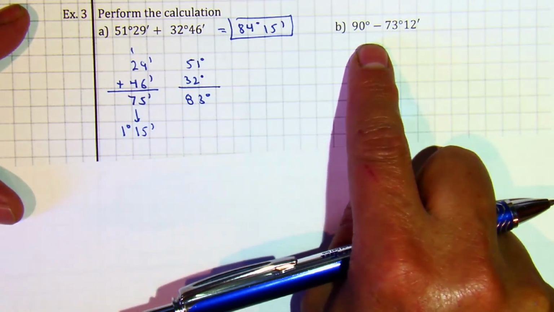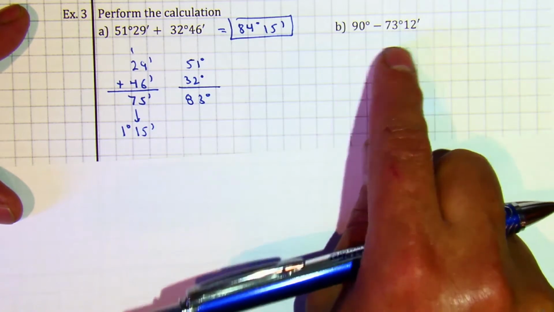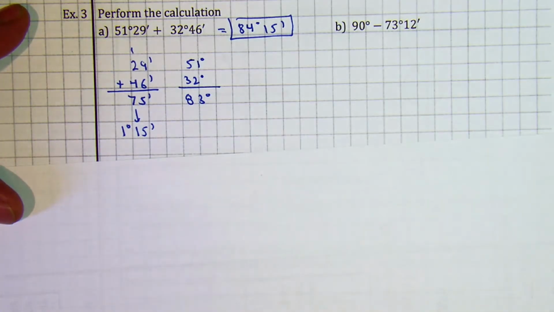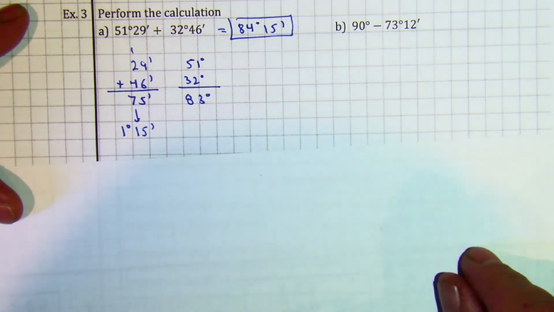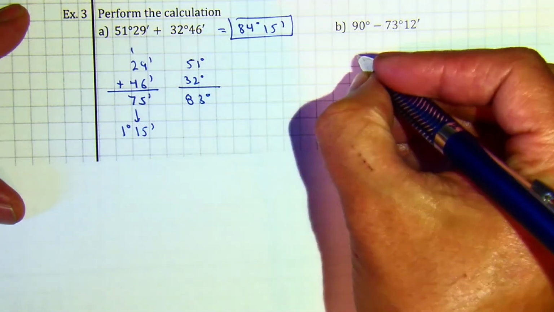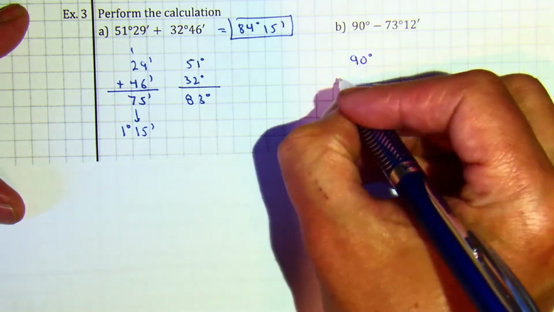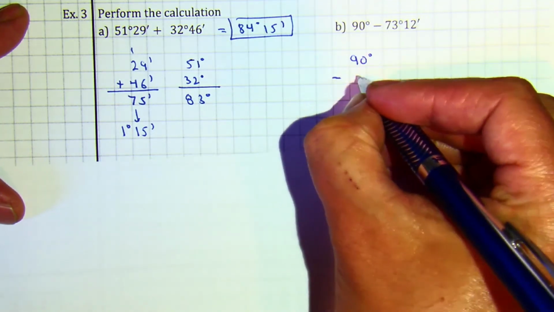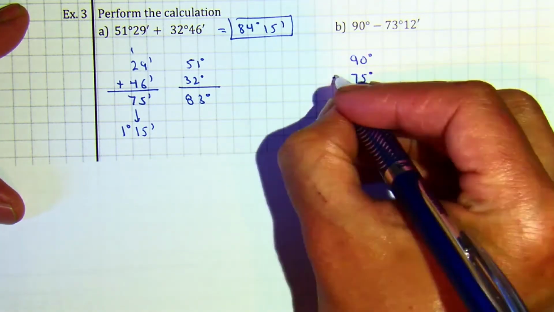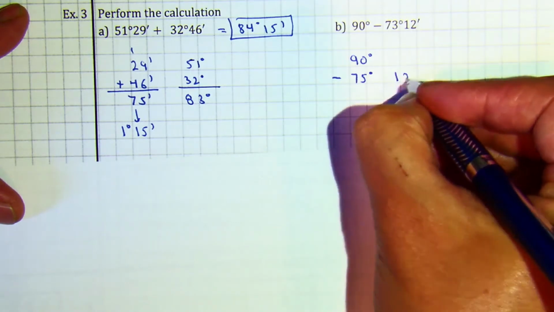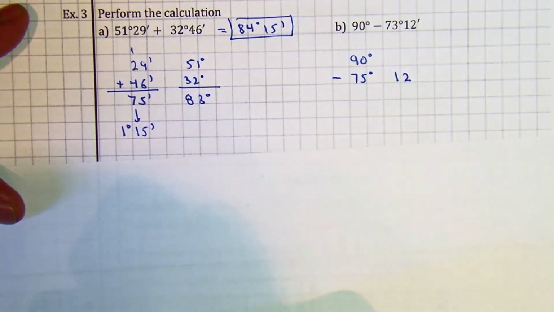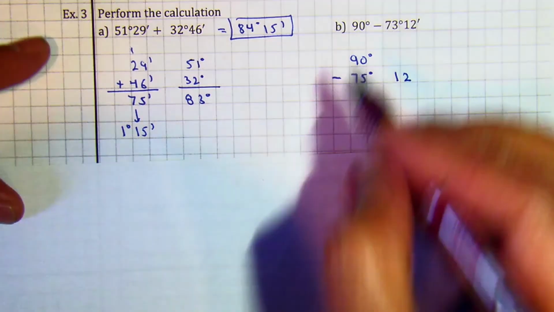Now, what if I subtract: what is 90 degrees minus 73 degrees and 12 minutes? If I want to subtract, I'll place the bigger number on the numerator. Be careful. You want to separate them and subtract them separately. So this is going to be separated.